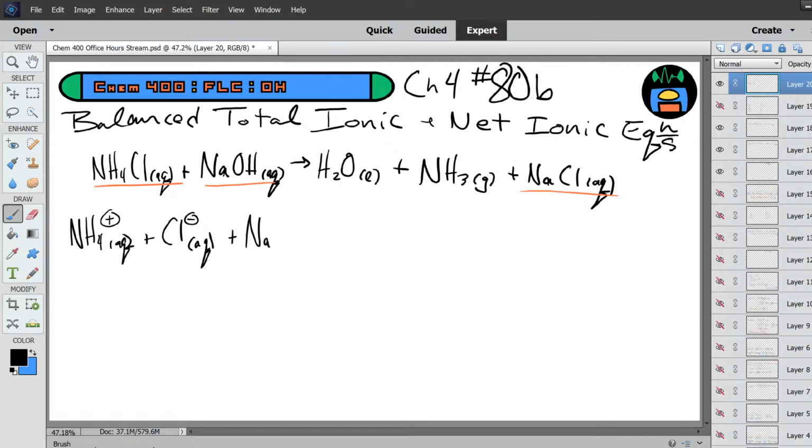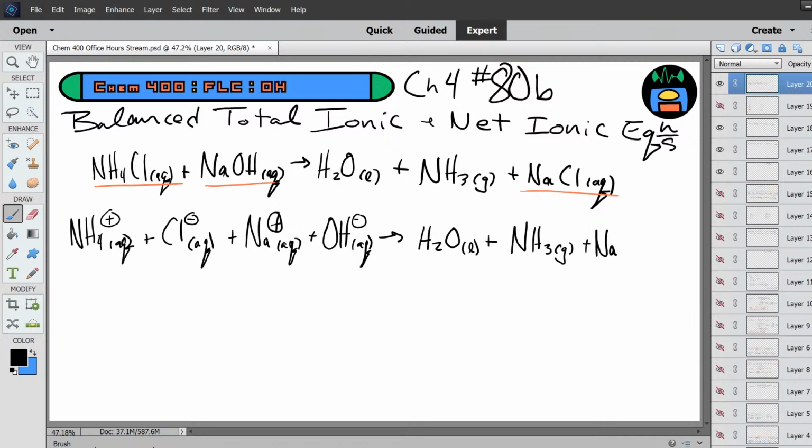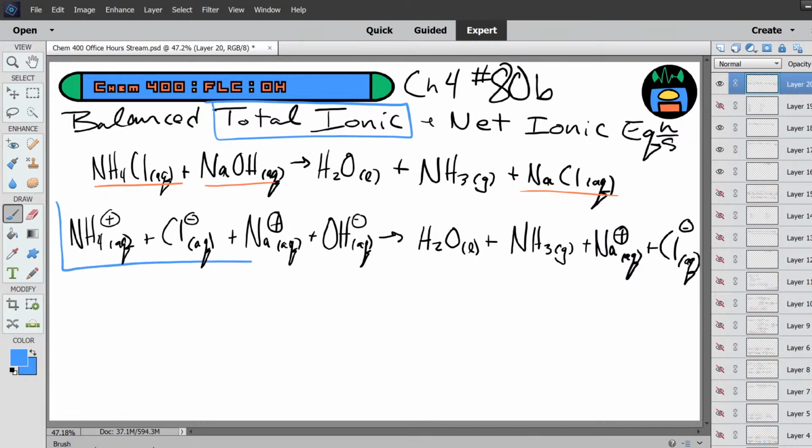Sodium hydroxide separates into aqueous sodium cations plus hydroxide anions. And this produces liquid water plus ammonia gas plus sodium cations. There's a familiar face. Plus chloride anions. All right, this is our total ionic equation.